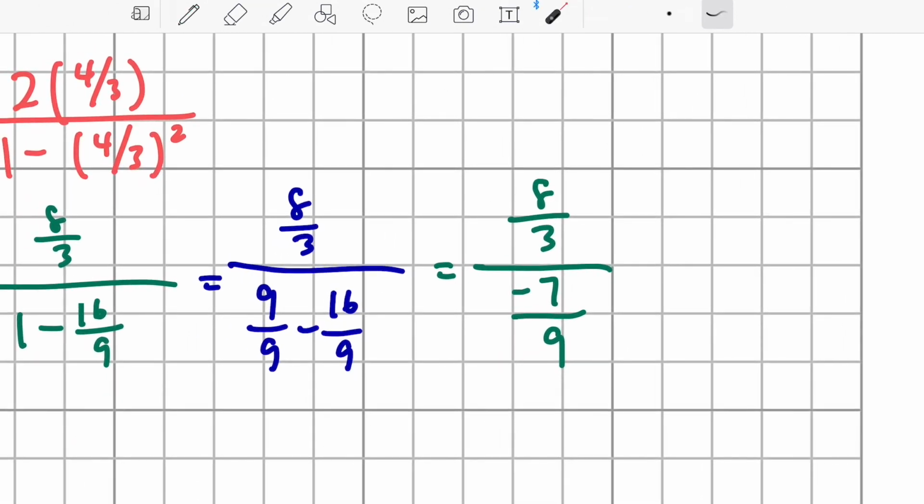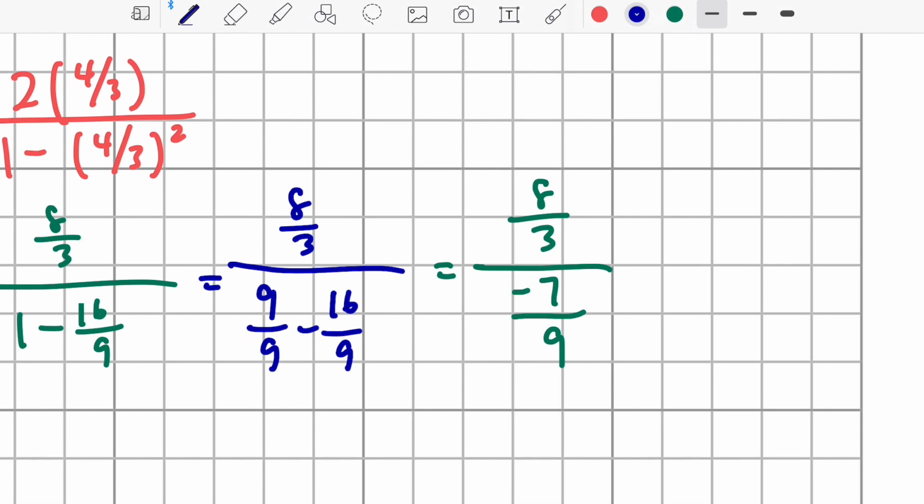Now here you can do this little trick where you multiply these outside ones and then these, and you can simplify after that, or you can simplify first. I noticed that the denominators can be reduced by 3, so I'm going to reduce it by 3 first.